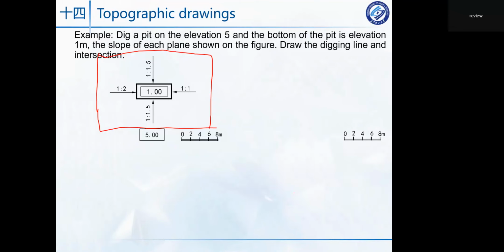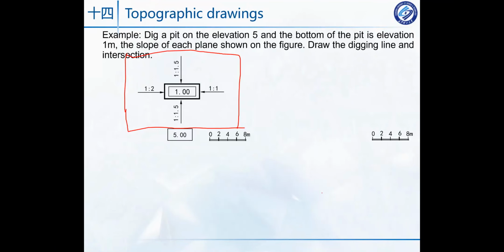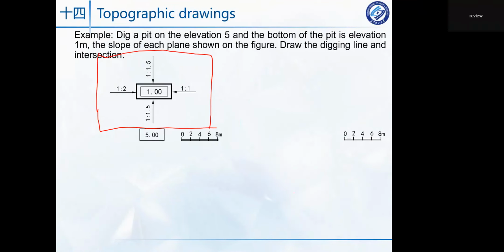And you didn't draw the intersection line. Okay, so you have to redraw it. Also, Li Qing, you have to draw the scale ruler at the side of the drawing.